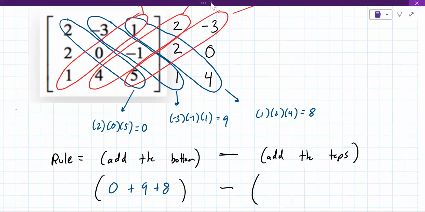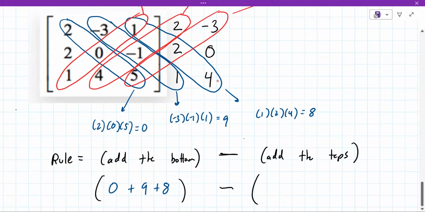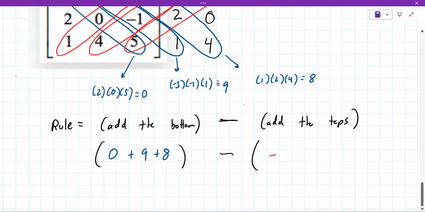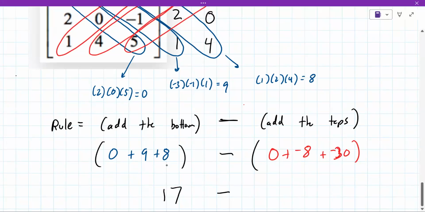And then you add the top. The tops are 0 plus -8 plus -30, like that. So it's 17 minus -38, which equals 55.